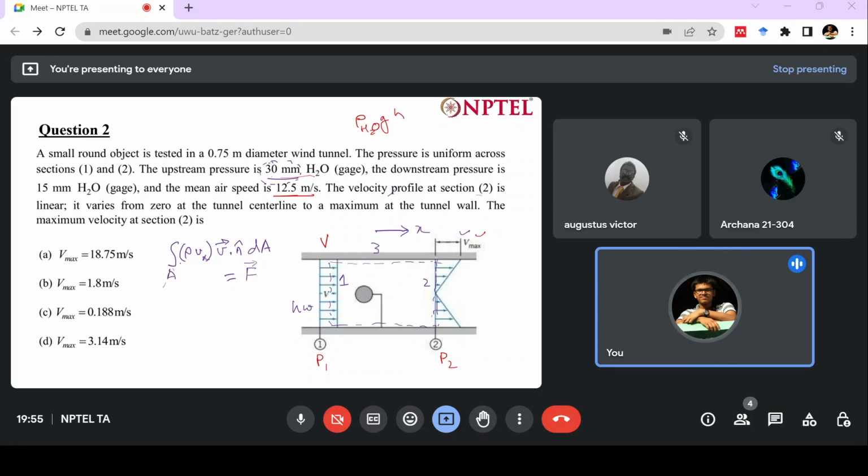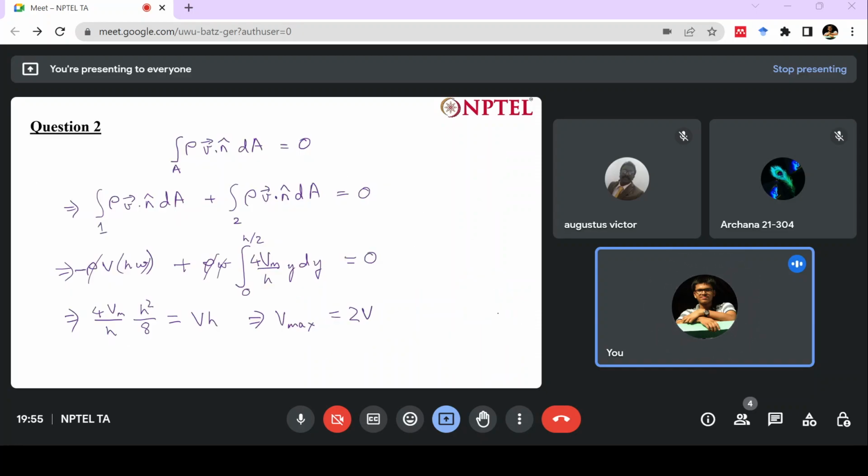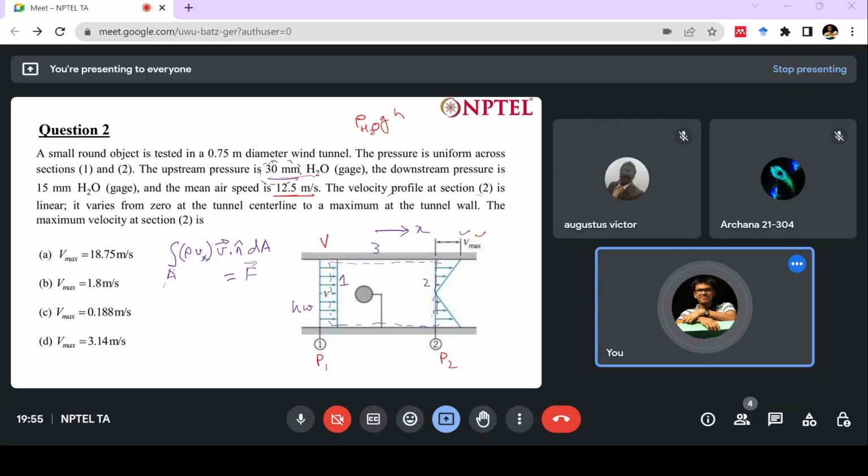Here, we will take this linear profile itself, but instead of integrating v dy, we will integrate v square dy, because two v's will be there. For the surface one, we can again take v constant and take it out.